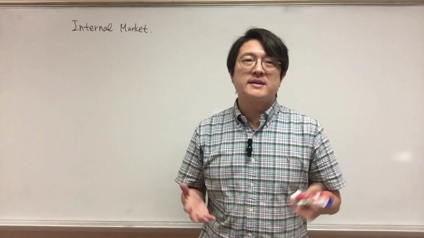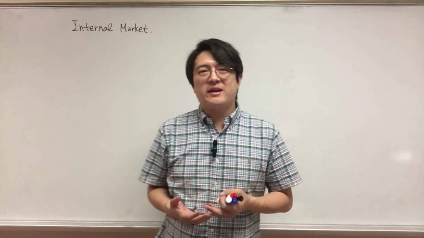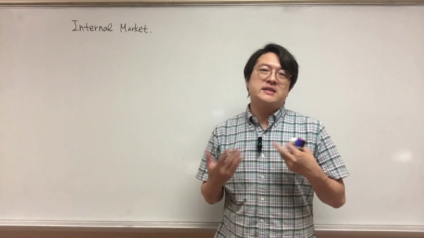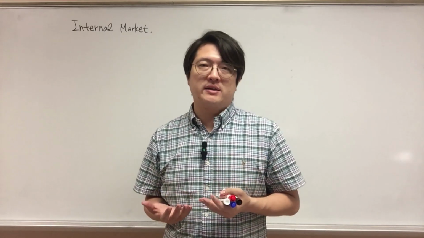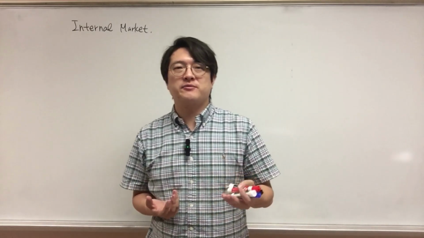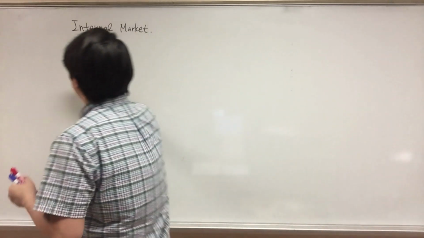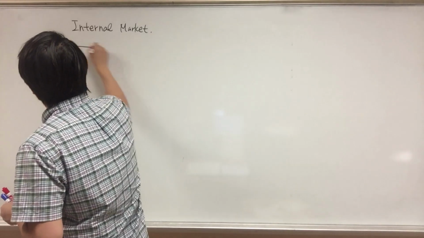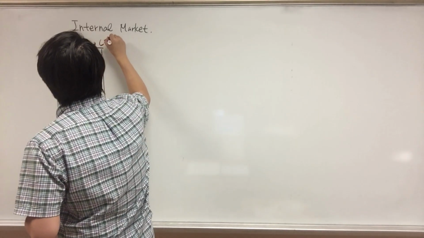Okay. Next, let's look at the internal market. The internal market refers to the market within a company that's voluntarily exchanging through the function of the market, not the decision-making powers that come down from the center. For example, there's one company, and at the head there's a CEO, right?